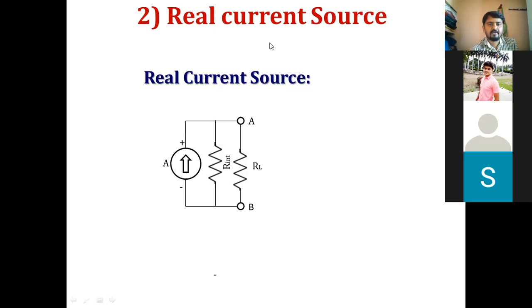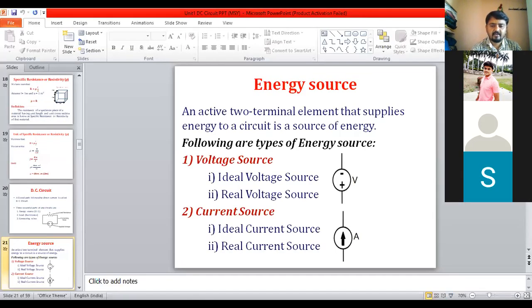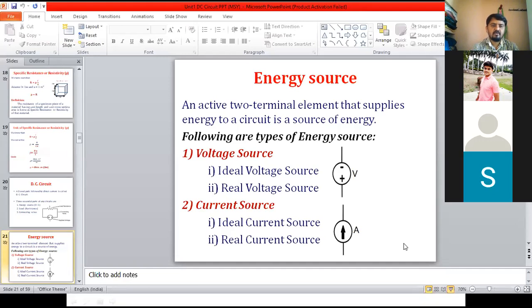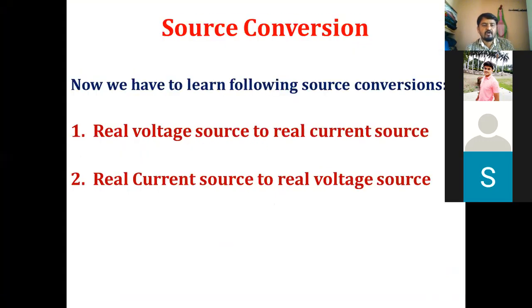So it completes the real and ideal voltage source and current source. Now our aim is to learn how to convert a voltage source into a current source and a current source into a voltage source. Forget the ideal voltage source and current source now.